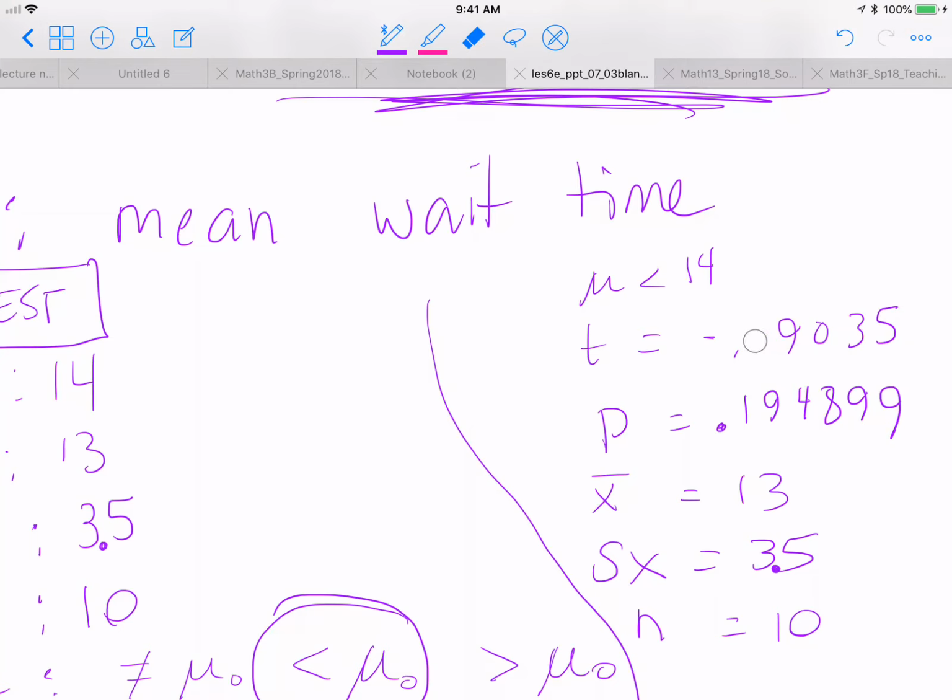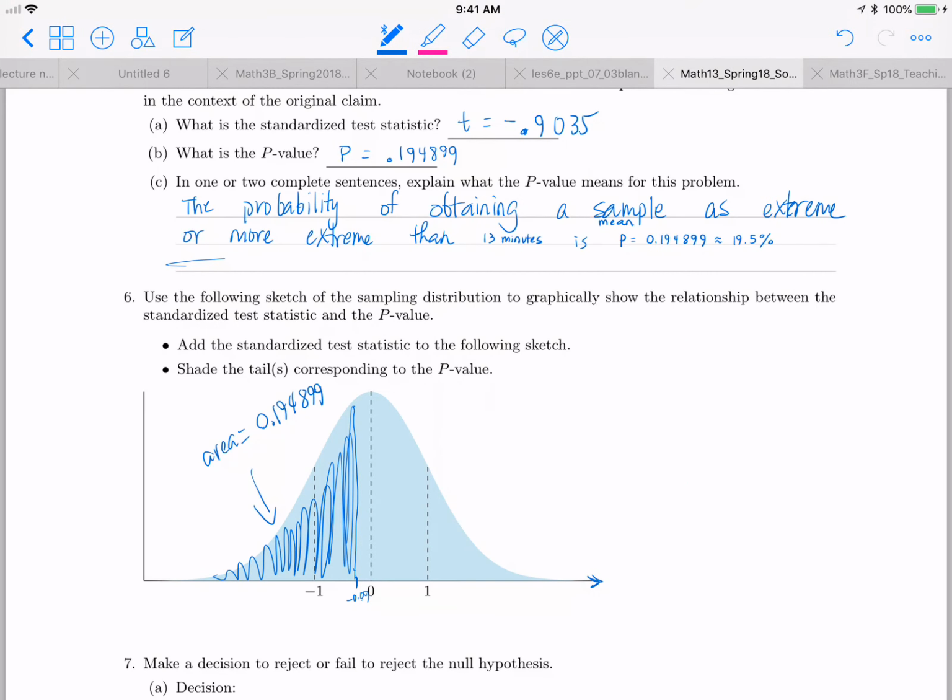But notice how I'm able to catch the errors because I'm looking at my picture, and I'm saying to myself, hey, that doesn't look like an area of 20%. The reason is because my test statistic isn't supposed to be close to 0. It's supposed to be almost negative 0.9, so close to 1.